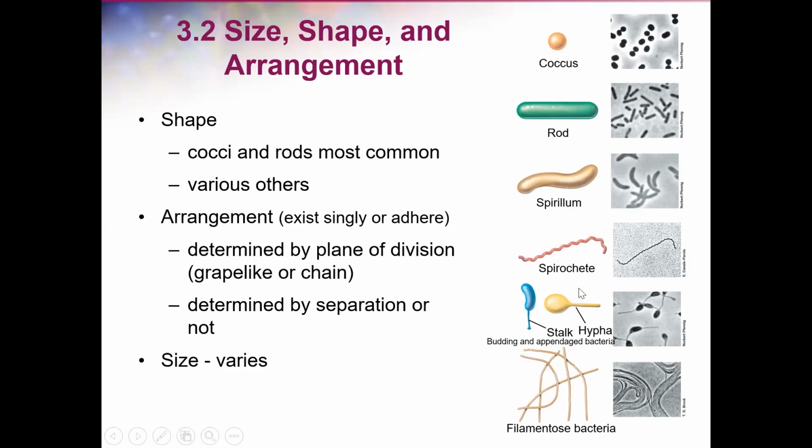They also have some not very common morphologies, like spirochete, which is just a little bit longer. Hyphae, or hyphae or stalk, like that. Then some bacteria like cyanobacteria have a filament structure.